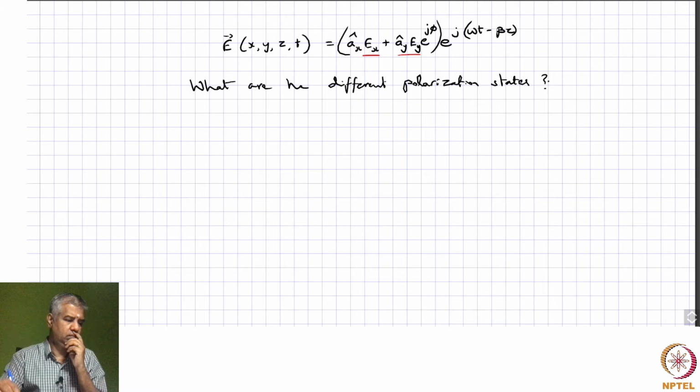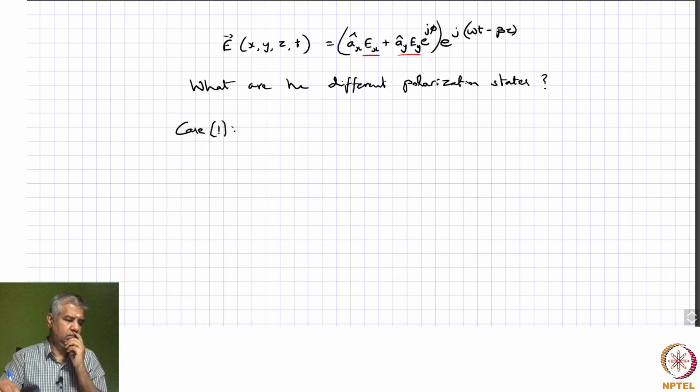So when you look at the combination, it would look something like this, combined, oscillating in an orientation like this as it's propagating along this z direction.